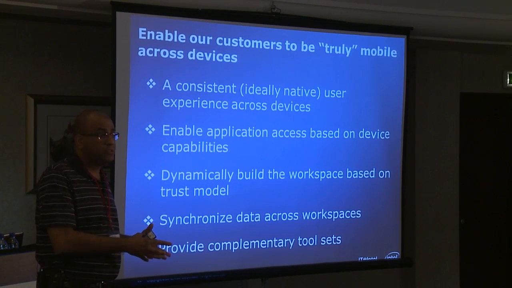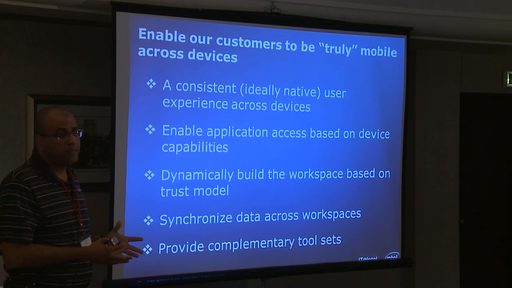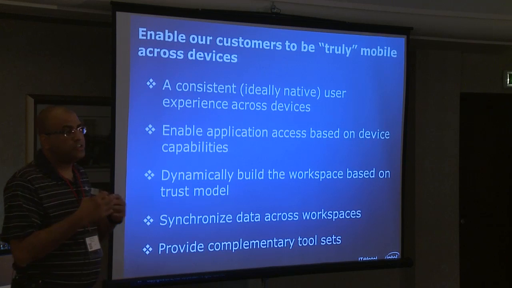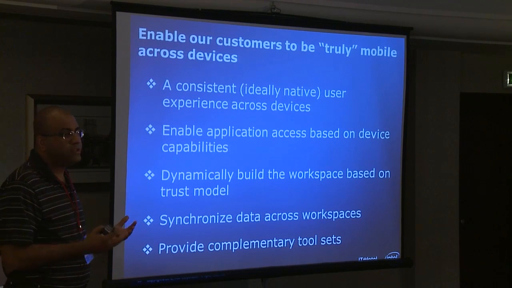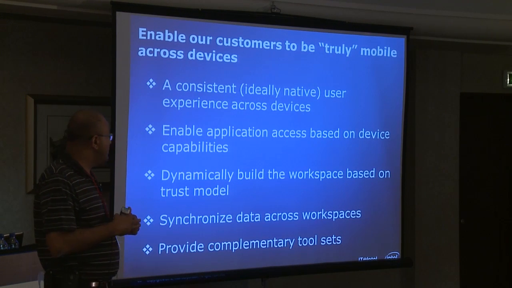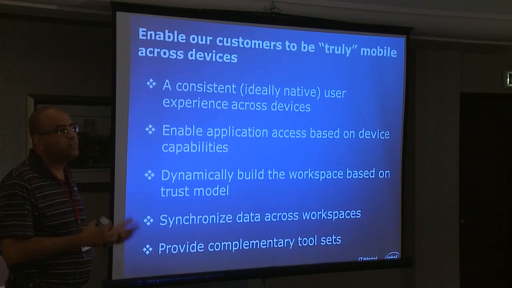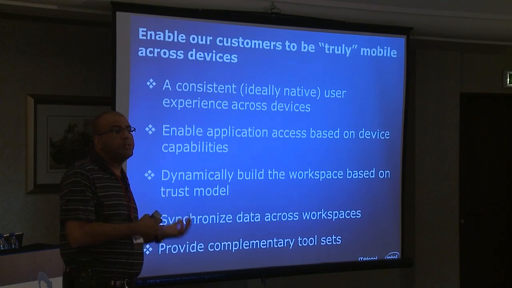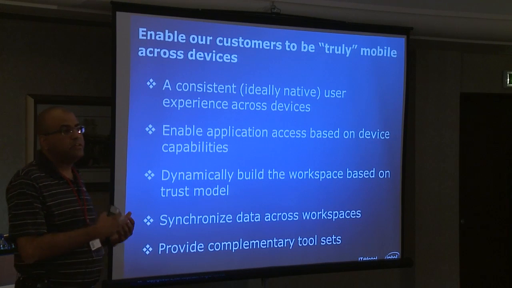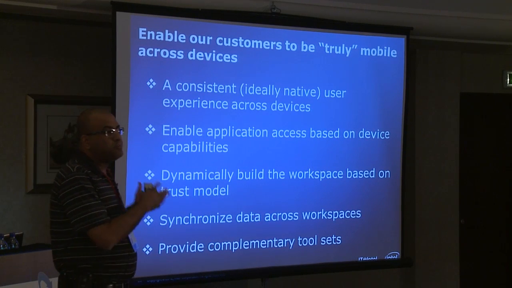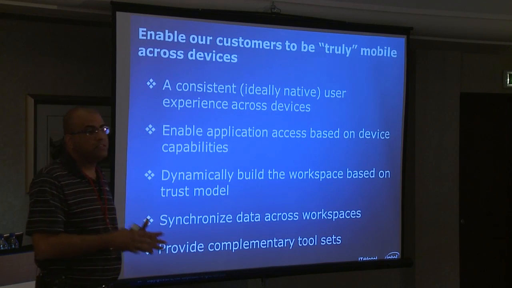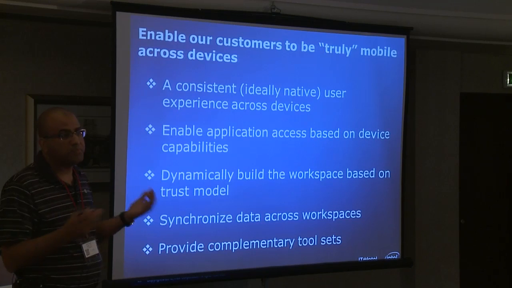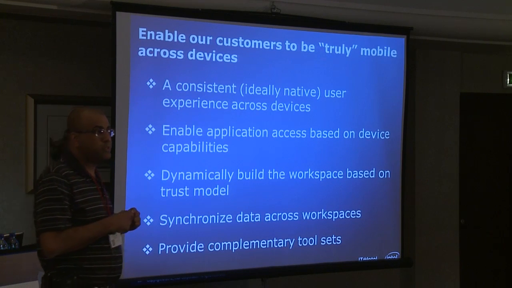They have all the data over there, all the archives, etc. If we do not give them the right tool sets to move the data and make it available across the different workspaces, they will not do it. It's going to be very hard for them. So we are providing the complementary set of tools as well to enable the migration of personal archives or data to be available across the different workspaces, and then the synchronization happens seamlessly between the workspaces.